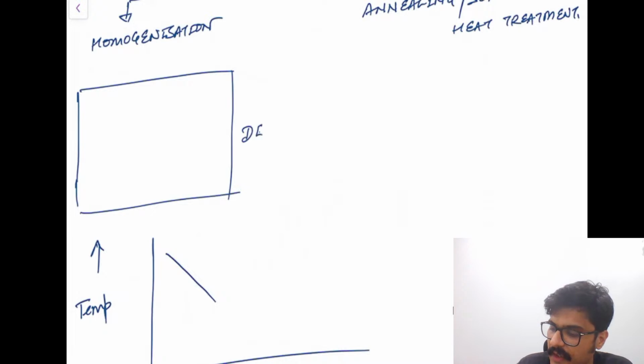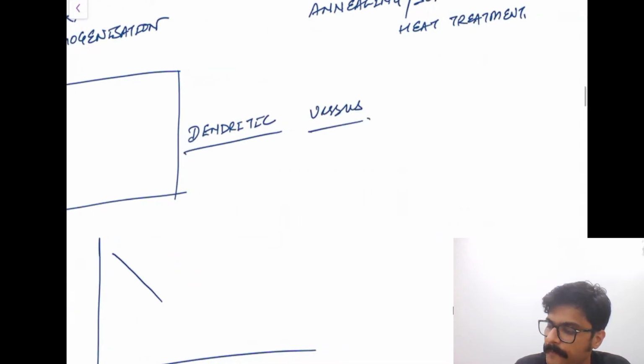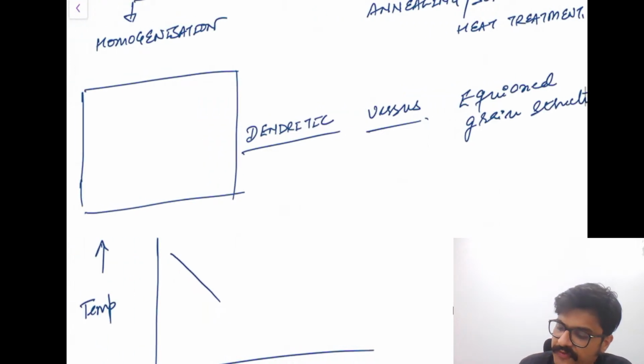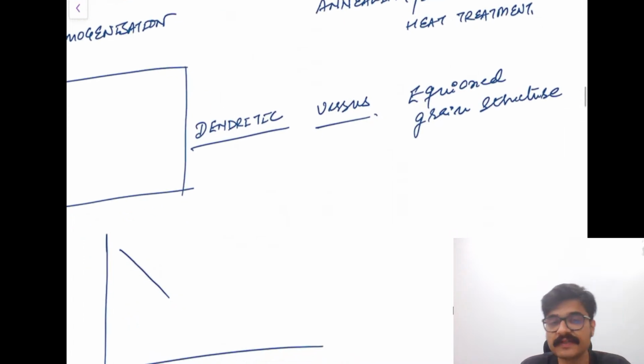Now, this is again another very important thing that some of you have also asked us: dendritic versus equiaxed grain structure. So I'm going to combine both the concepts of heat treatment with the structure of dendritic and equiaxed grain structure.